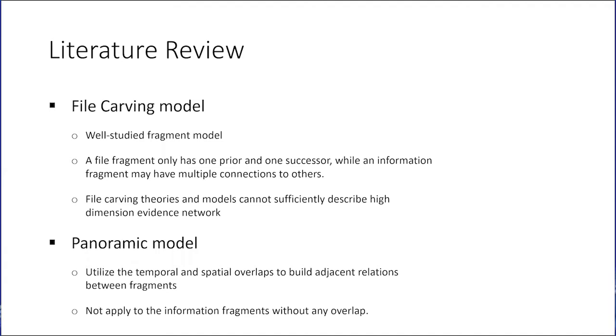Regarding the file carving model, a file fragment only has one prior and one successor. But an information fragment may have multiple connections to others. So file carving theories and models cannot sufficiently describe the high dimension evidence network.